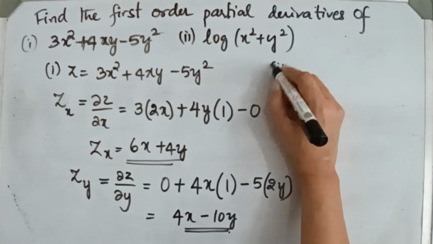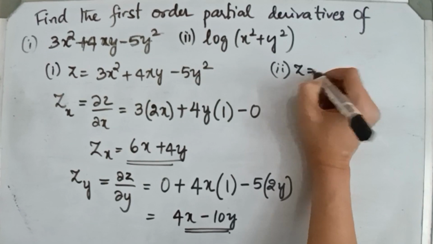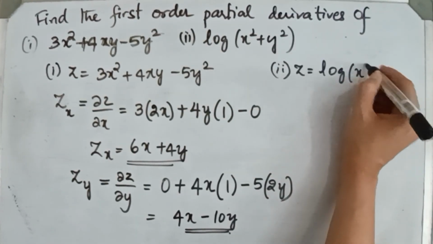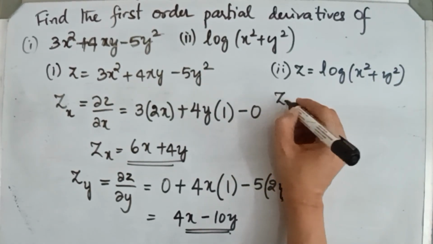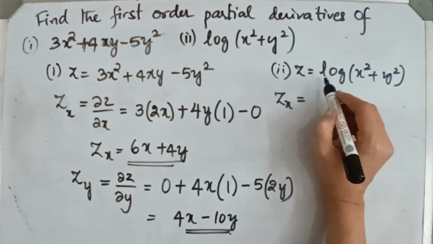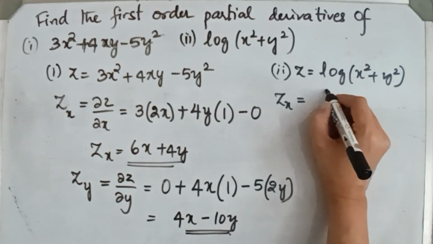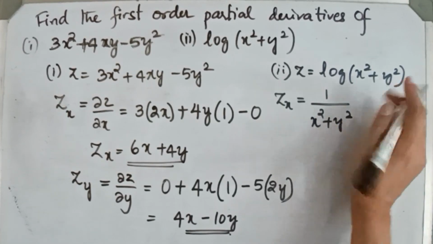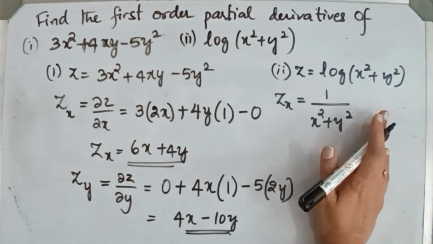Now similarly, for the second one, you have to find the first partial derivatives of the function z equal to log of (x² plus y²). So it is zx, the first partial derivative, keep y constant. The derivative of log of any value is 1 by that value. So it is 1 by (x² plus y²). The chain rule, the rest all will remain the same as you do for a one variable function.